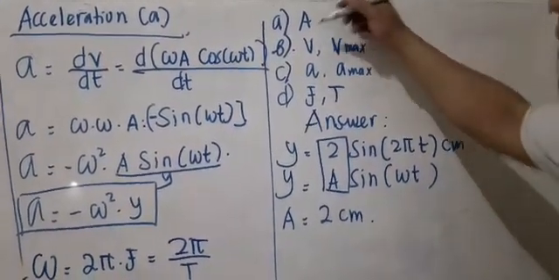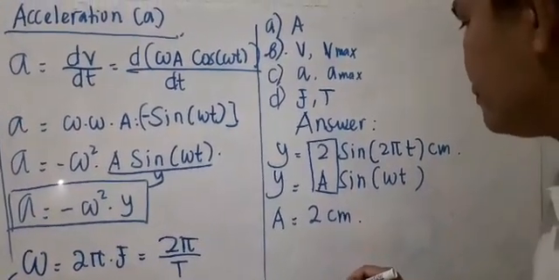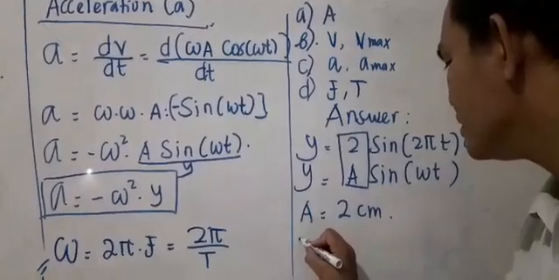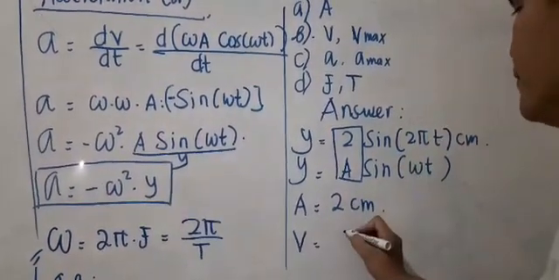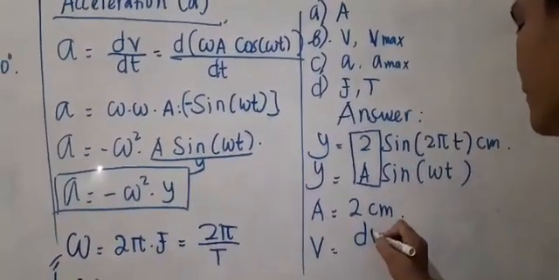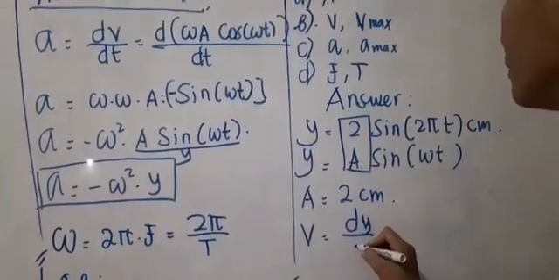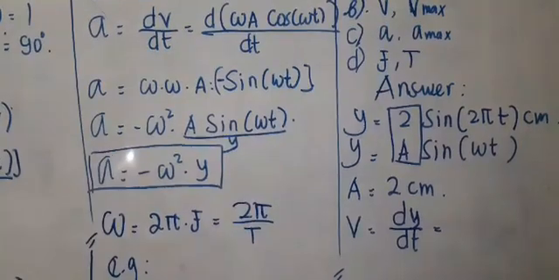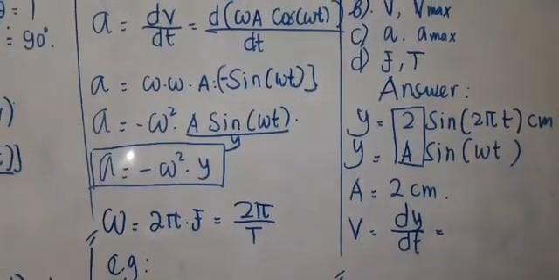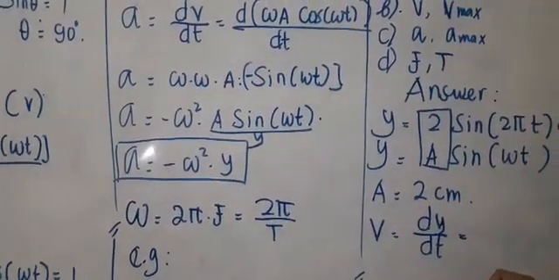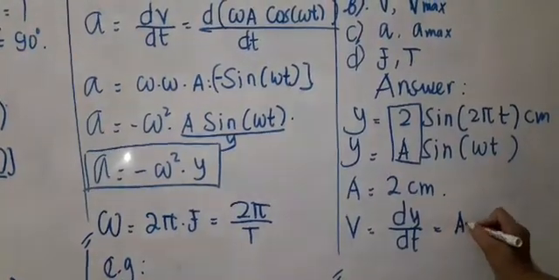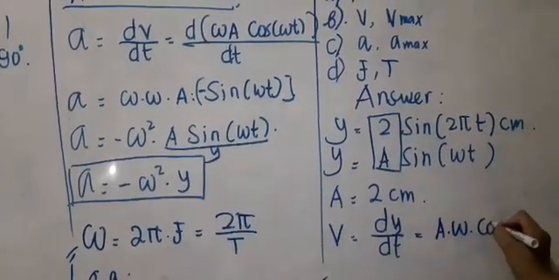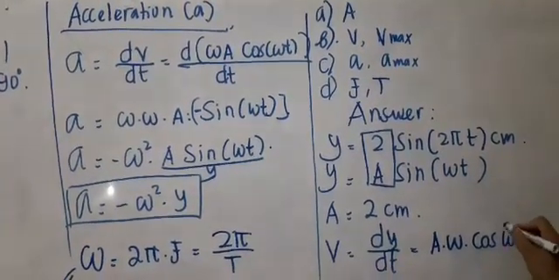And then the next is v. v is the first differential of the deviation, so v is equal to A times omega times cos omega t.